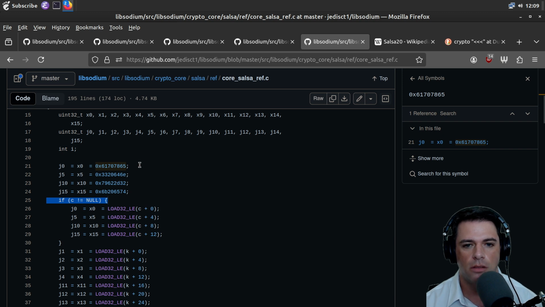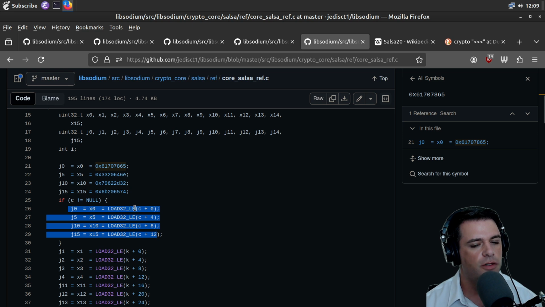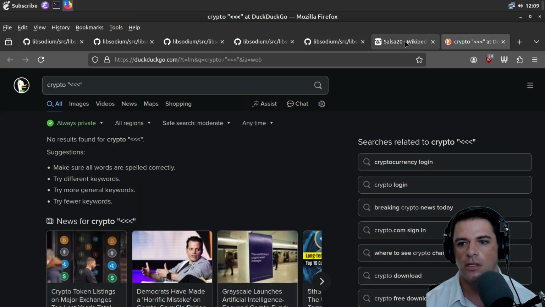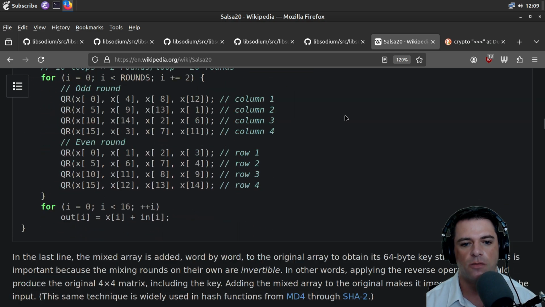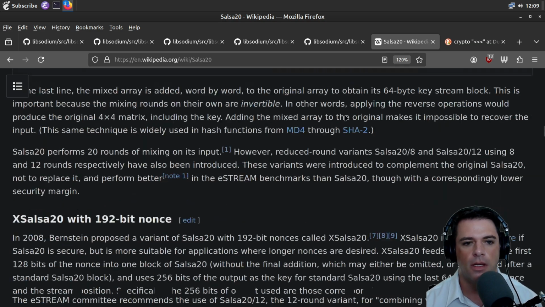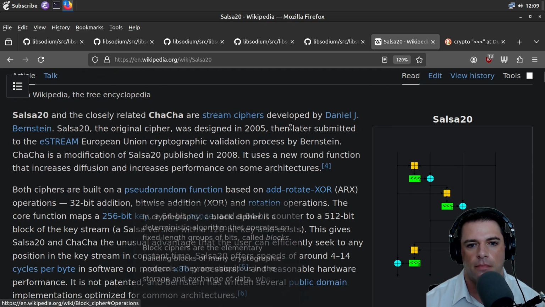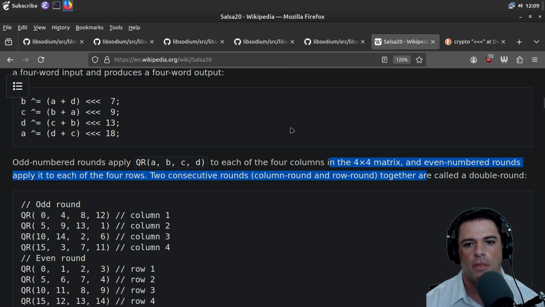So we are going to call load32_le on c plus 0, c plus 4, c plus 8, c plus 12, if c is non-null. Oh, wait, but what is c? That's what we originally were trying to figure out. The stream cipher, right?